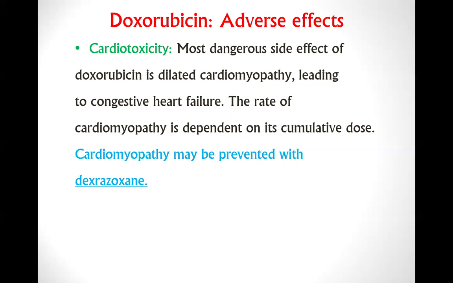There are many drugs which, when given along with anti-cancer drugs, can prevent side effects. For example, in case of methotrexate, if you remember, I told you one drug can prevent the severe bone marrow depression caused by methotrexate.